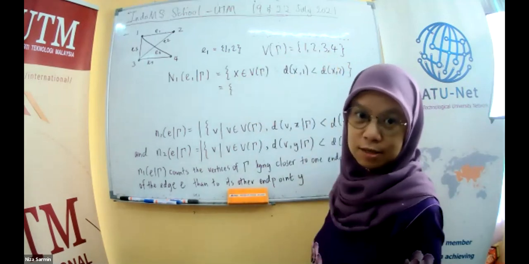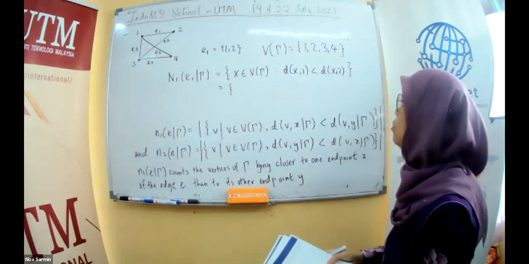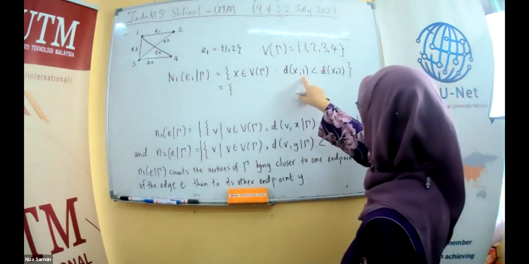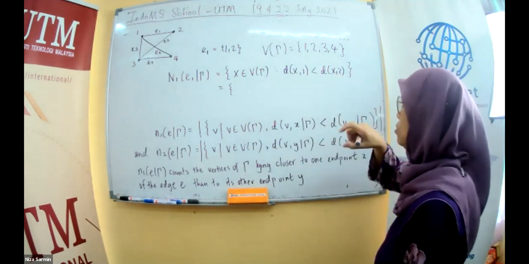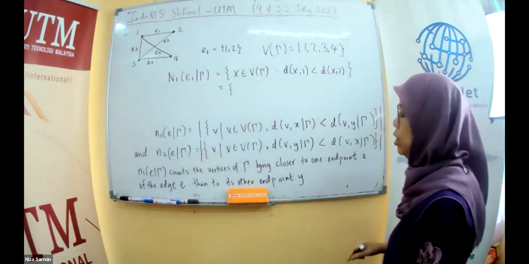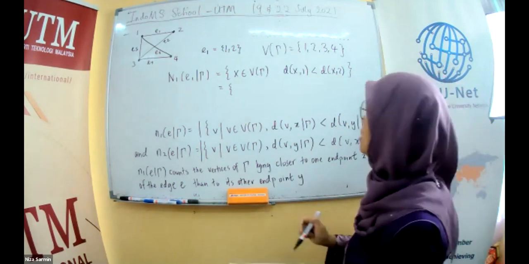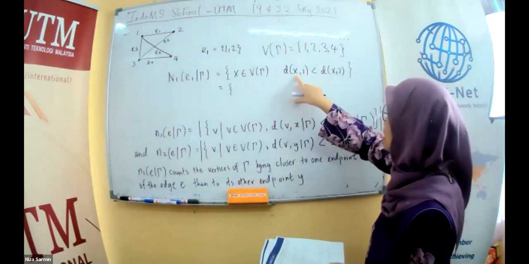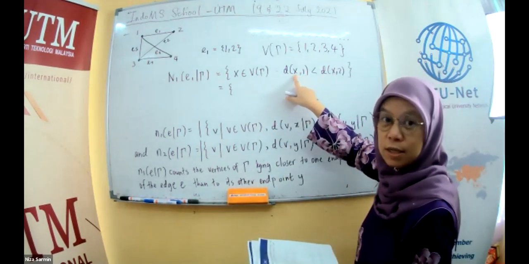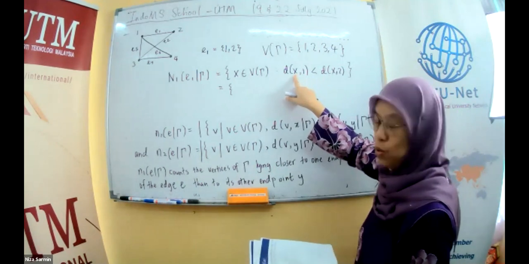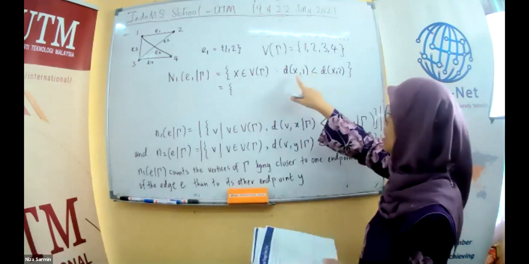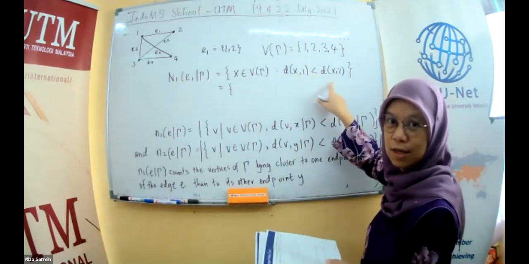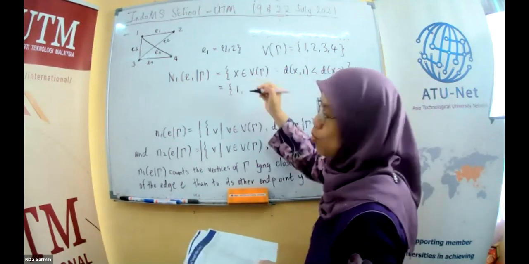You have to choose the x in which the distance from x to 1 is always less than the distance from x to 2. So if you put in 1 here, the distance from 1 to 1 is 0. The distance from 1 to 2 is 1. Is 0 less than 1? Yes, so you can put 1.